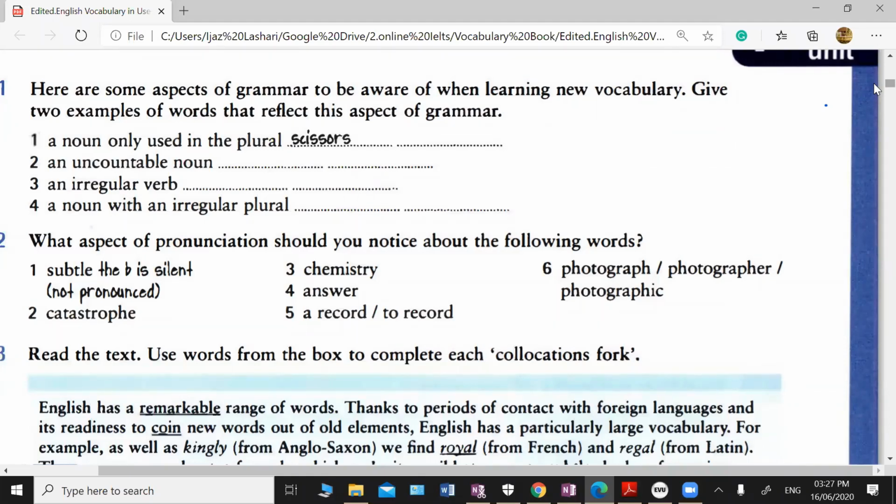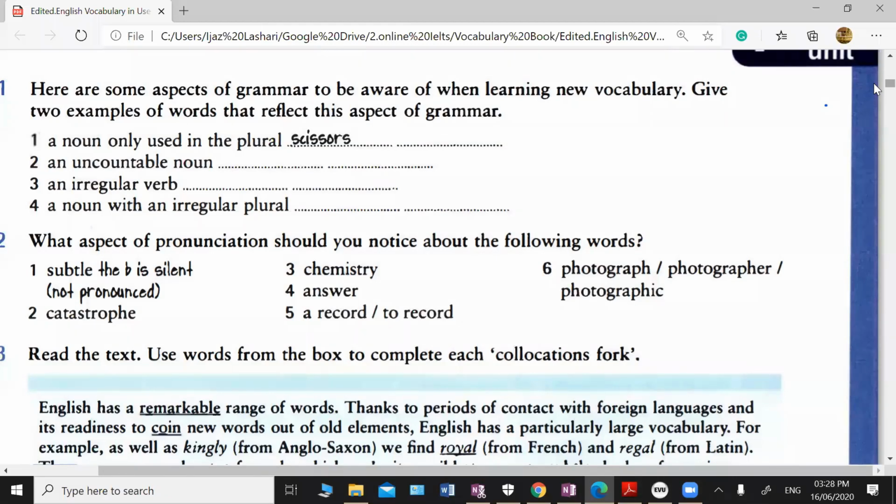For example, number 1, a noun only used in plural. There are certain nouns that we use only as plurals. We never use them as singular. For example, scissors. We never say scissor, we always say scissors. Can you give me 2 more words which are used as plural nouns?